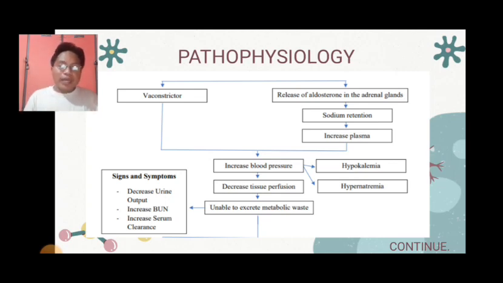So of course, we move to decreased tissue perfusion. Once there is increased blood pressure and retention of plasma, tissue perfusion becomes abnormal, which impairs oxygen and nutrient delivery. For example, the blood carries oxygen and essential nutrients to the body tissues.